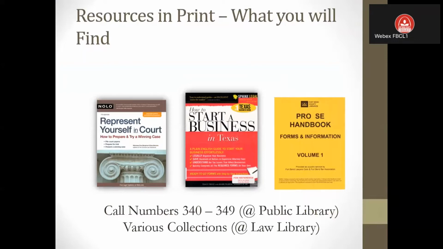So I break it up by collection. I have all my primary law in one section, my self-help collection. I've got family law, business and transactional, probate and estates, criminal law. So I try to break it up that way. And all my Texas books are together and all my federal books are together. That way it's a little bit easier for patrons to find, right?